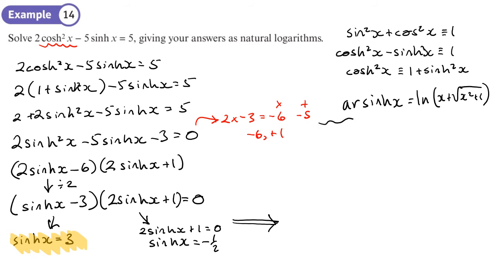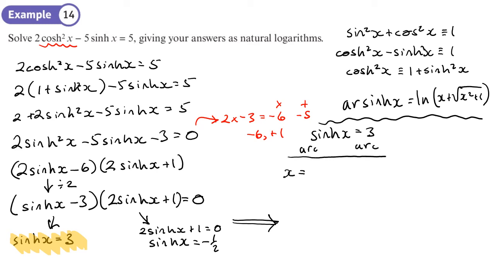Okay, so let's take the first one, let's take this here, and do arcsinh to both sides. So I've got sinh x equals 3, so I'll do arcsinh to this side and arcsinh to this side, basically the inverse. So that will give me x equals ln of 3 plus the square root of 3 squared plus 1. Can you see what you do?